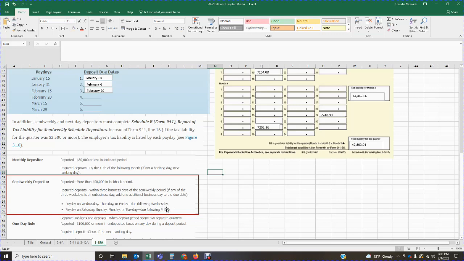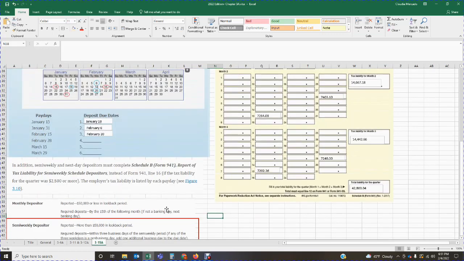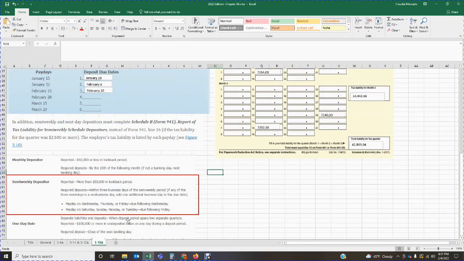So that is how it basically runs. You can continue doing this. It's not very difficult. It's just a matter of identifying first what day the payday falls on, then going to your table, locating the information, and then you know whether it's going to be due the following Wednesday or the following Friday. Those are your 2 options, Wednesday or Friday.